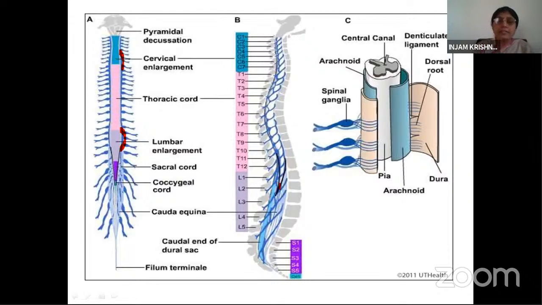Here it ends, and after that these fibers pass on into the coccygeal end. This caudal end point is the filum terminale. This is the cauda equina. We call it the cauda equina. The cauda equina is the non-nervous part. Okay. Next.